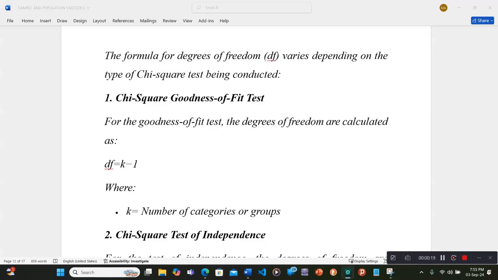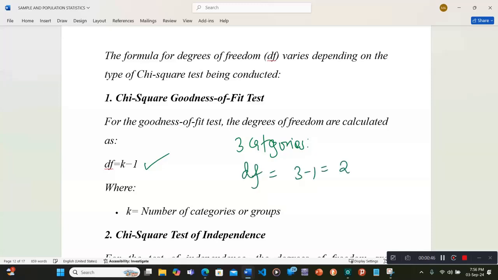For the goodness of fit test, the degrees of freedom equal k minus 1, whereby k is the number of categories or groups. Assuming you had, for example, 3 categories, that means your degrees of freedom will be 3 minus 1, and that gives you 2, okay?